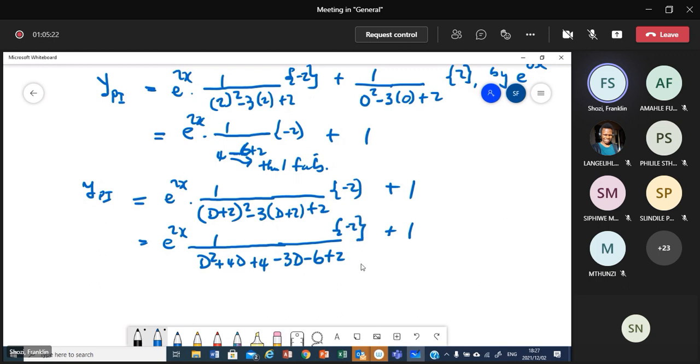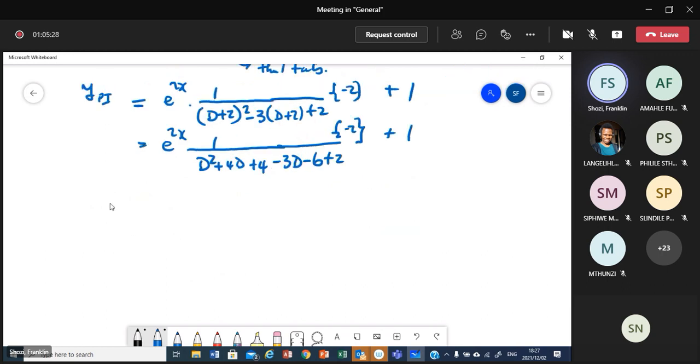Don't forget the action here is on minus 2. Next, that becomes e to the power 2x, 1 all over D squared plus 4D minus 3D plus D, and then 4 minus 6 plus 2, that becomes 0. So minus 2 plus 1. This is known to us.